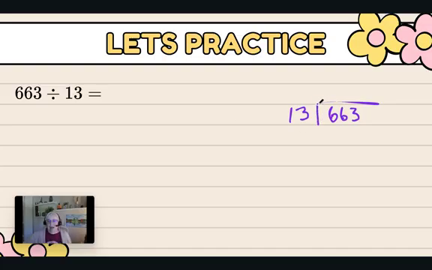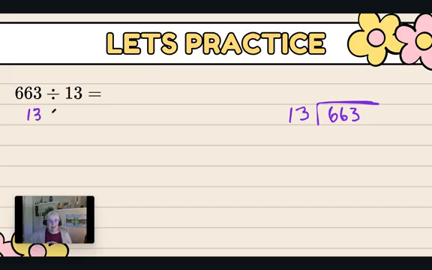We're going to look at how many times 13 can be multiplied by a number to get close to 663. I'm going to start with tens because I know that 13 times 10 is 130, and that's already pretty close.